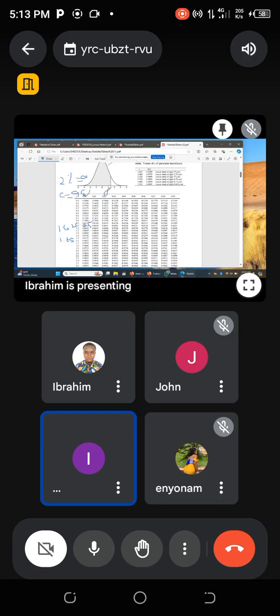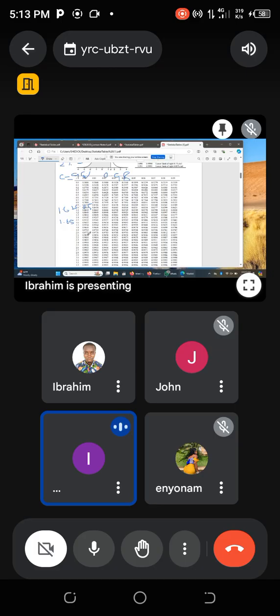Because it is a one-tailed test, we will go to the table again and look for 0.98. Now here you see that you have 0.9803. That is the closest number to the 0.98.